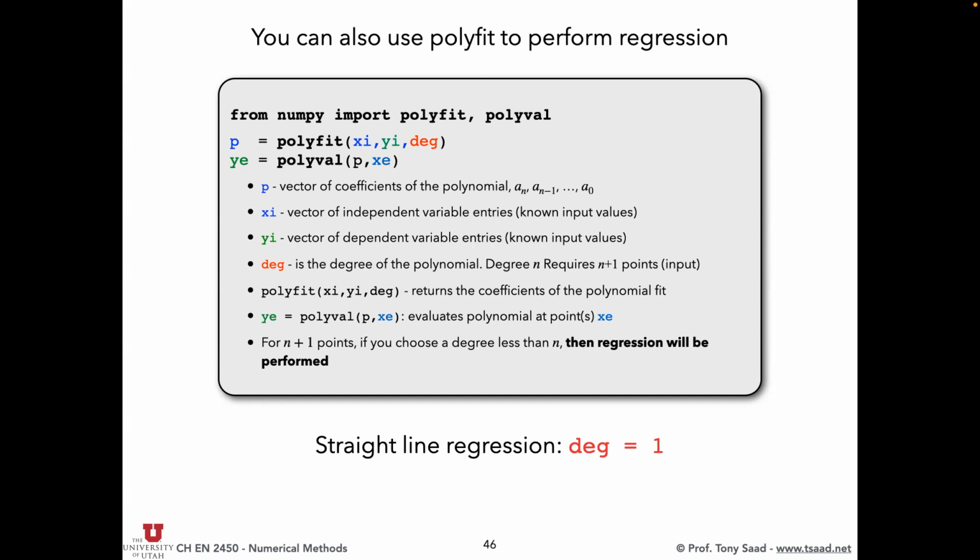It will do a regression for you using methods that we already know how to use. Remember, polyfit goes in 2 steps. You first calculate the coefficients of the polynomial, and then you evaluate.